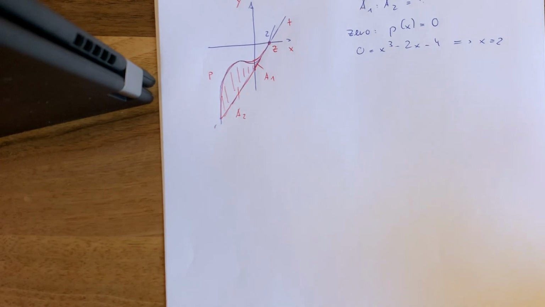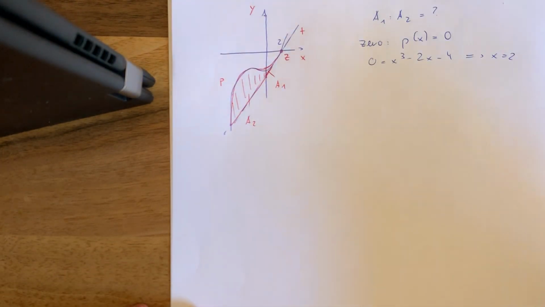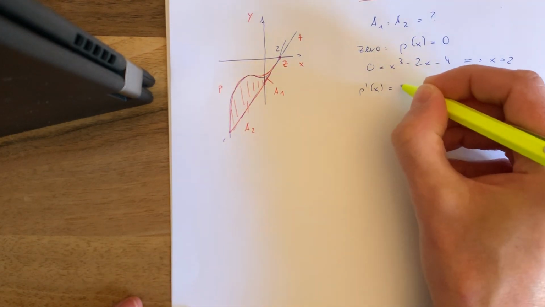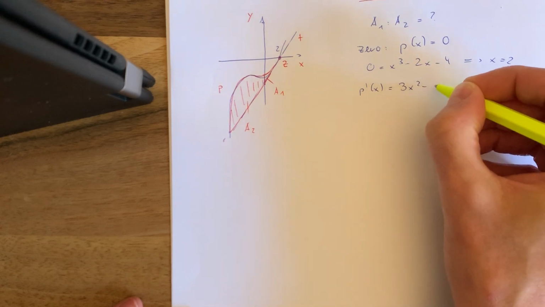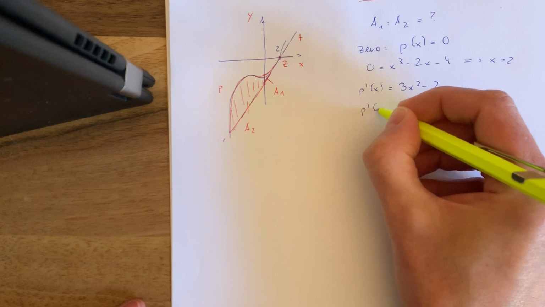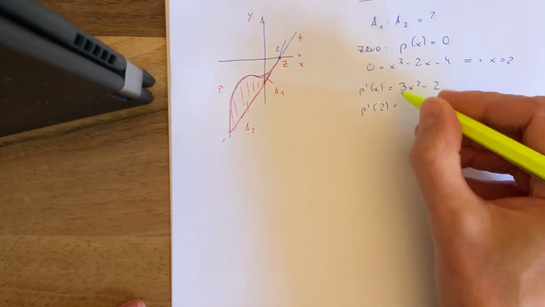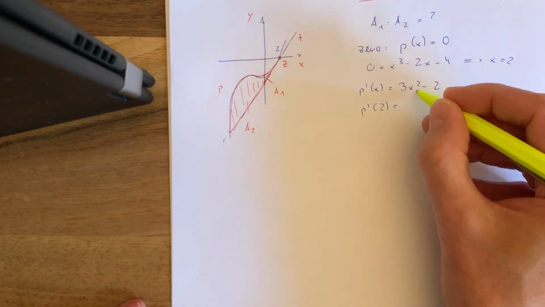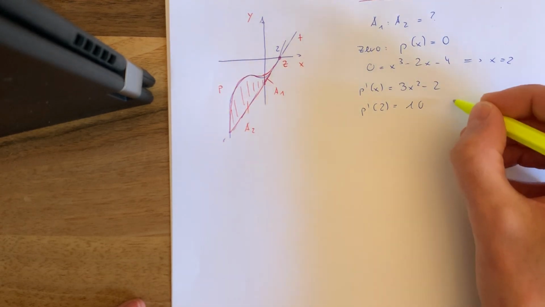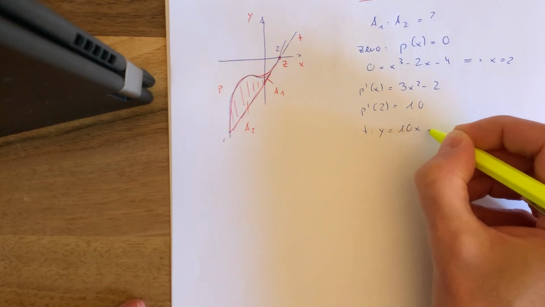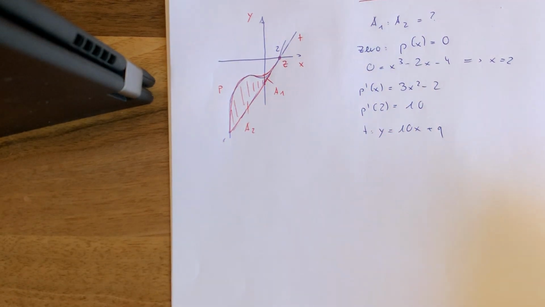Okay. Now we are going to need the equation of the tangent. And well, we just take the first derivative of the polynomial. Like this. We plug 2 into this first derivative and do the calculation. And then this is 3 times 2 squared, which is 12 minus 2 is 10. So the tangent is y equals 10 times x plus q.